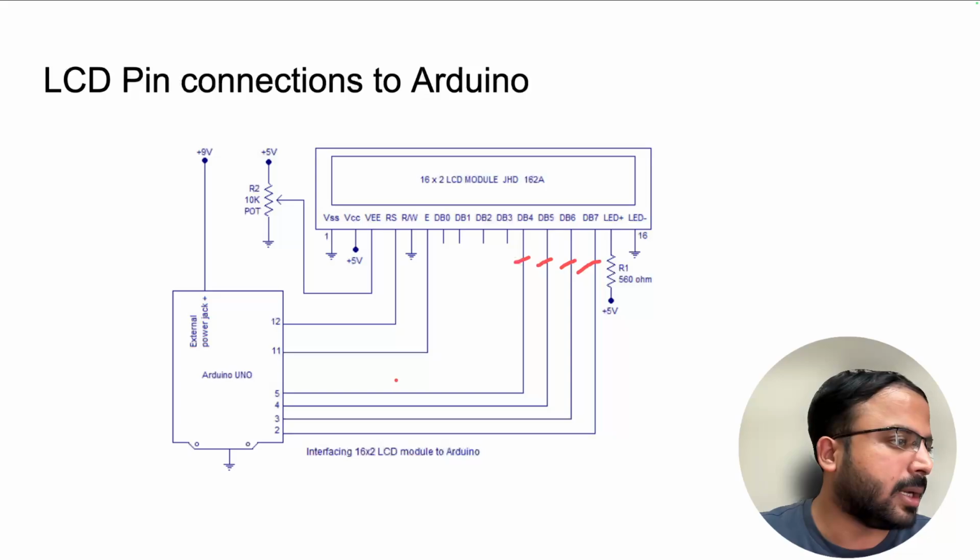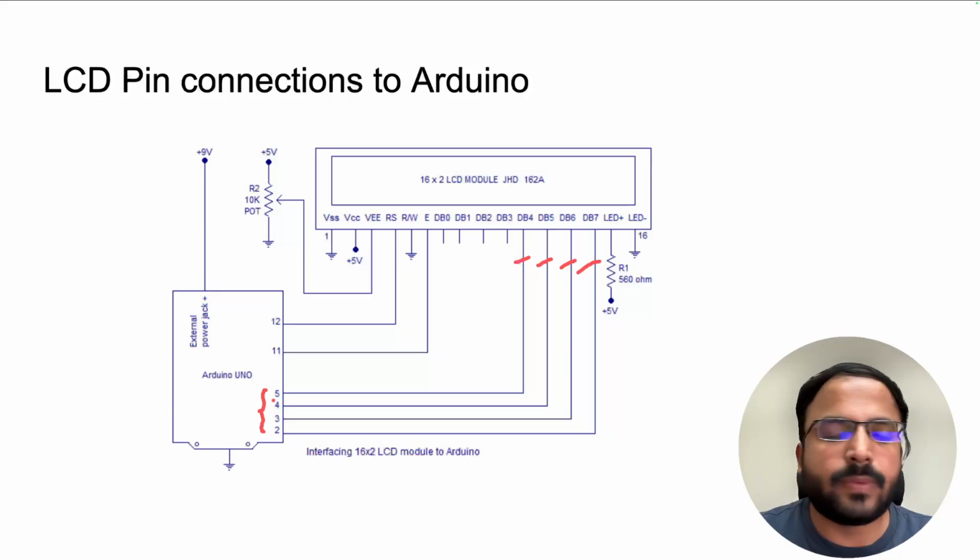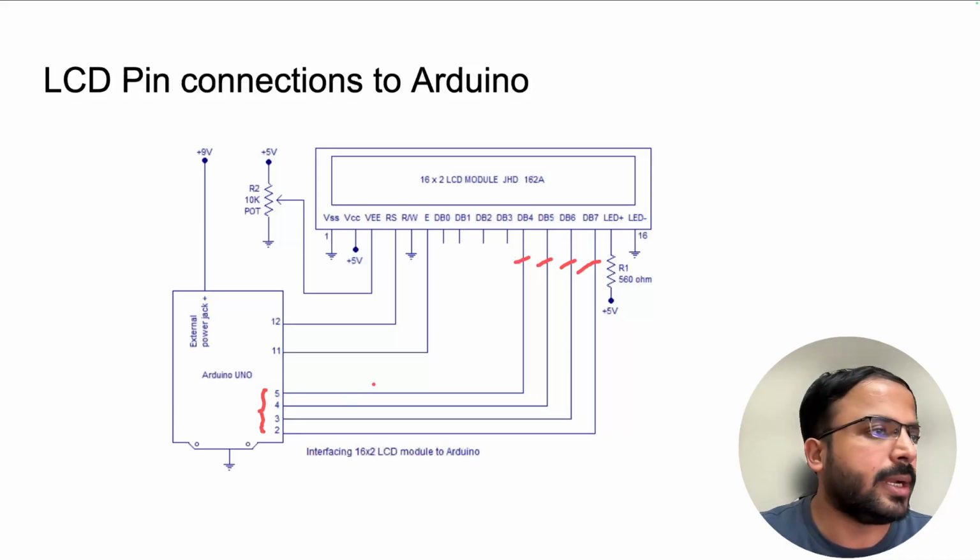We will configure these as outputs and drive them accordingly. From the start, we have connected this to 0 as we discussed. This is 5 volt, and this is a potentiometer. You vary this, and you can change the contrast.